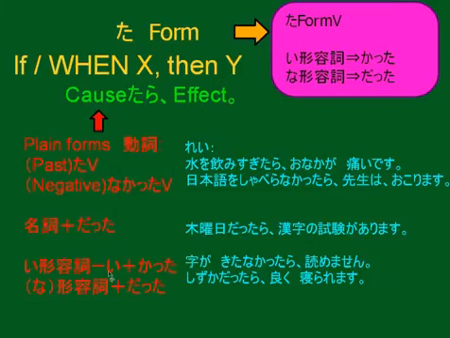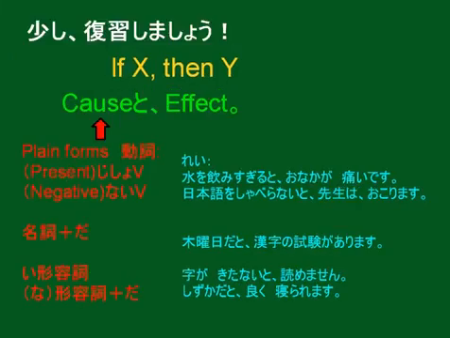で、E 形容詞 minus E plus かった。な形容詞 plus だった。で、例を見てみると、私は水を飲みすぎたらお腹が痛いです。日本語を喋らなかったら先生は怒ります。木曜日だったら漢字の試験があります。字が汚かったら読めません。静かだったらよく寝られます。So take a look at the one that we had before.